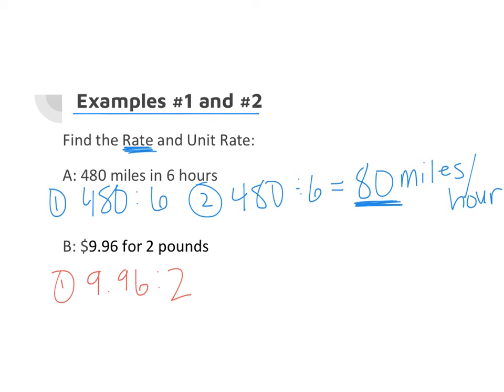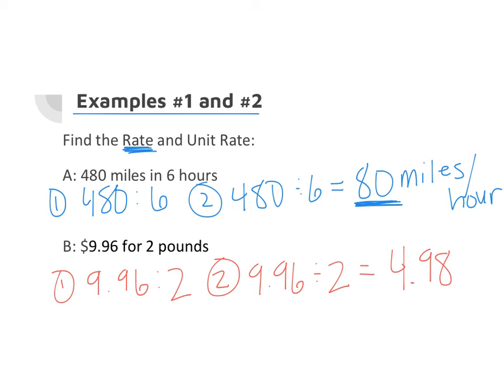So we wrote our ratio first. The next step is we have to divide. So we're going to divide $9.96 by the 2 pounds to tell us what is the price per pound. So 9.96 divided by 2 is going to be $4.98.